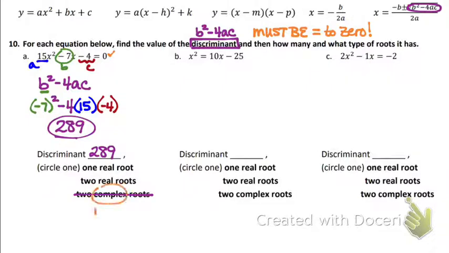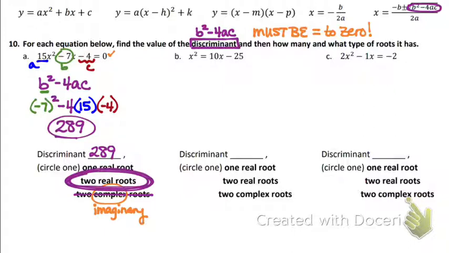Complex is another way of saying imaginary. So I'm saying that this one is not complex because it does not have a negative under the radical. Is it one real root or two real roots then? Two. Because when we take a square root, what's in front of the square root in the quadratic formula? Plus or minus. So we're going to add this and subtract it. I'm going to get two different answers from doing that.